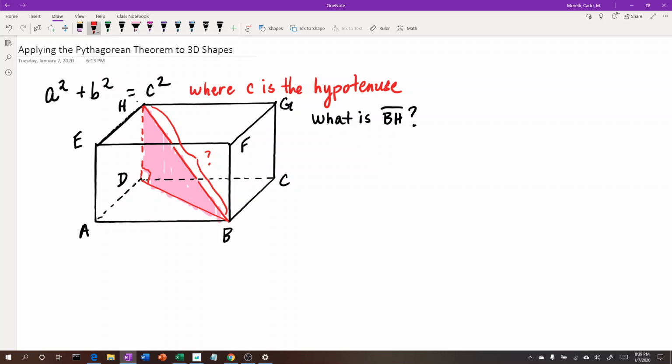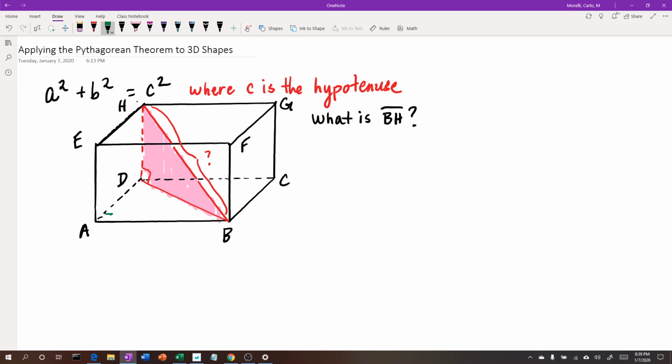So what we would use to build that is this bottom portion down here, because this is also a right triangle down here. Let me show you what I mean.